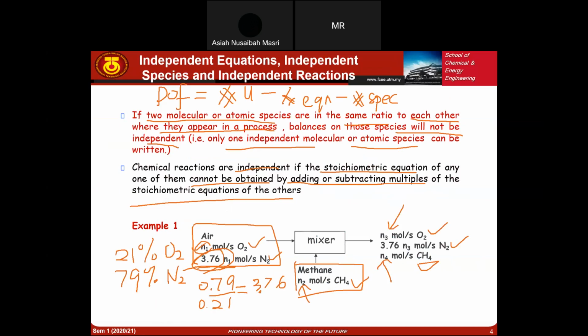Instead, we can represent it with 3.76 N3. So you can see here that we have reduced the number of unknowns because oxygen and nitrogen are interdependent. They depend on each other. Because they have the same ratio, we can represent them with only one balance, one equation.